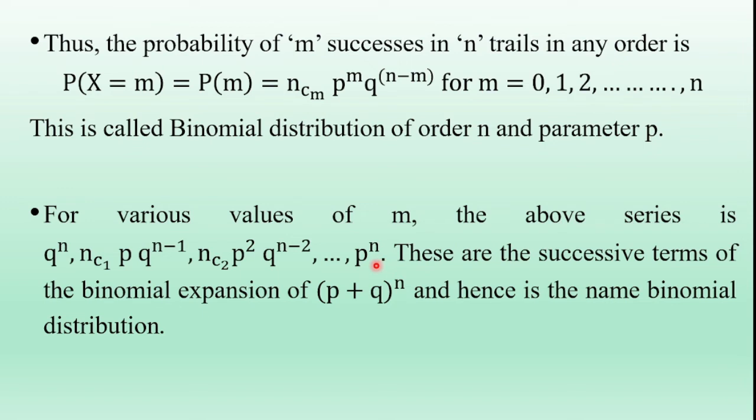So the above series is q power n, nC1 p q power n minus 1, and so on, up to p power n. These terms are the successive terms of the binomial expansion of p plus q whole to the power of n, and hence the name binomial distribution.